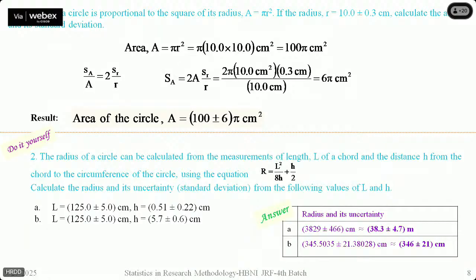First question. Which one? There the formula contains R square.